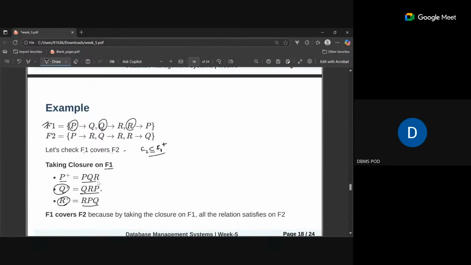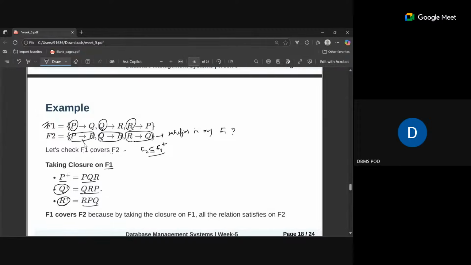For this P closure, now you have to check whether all these dependencies are satisfied in my F1 or not. How can I check this?